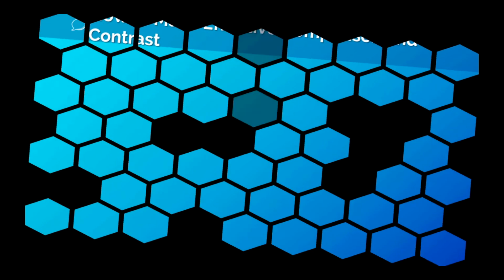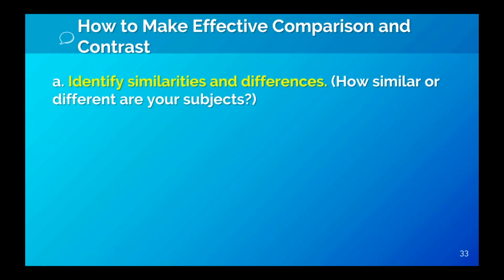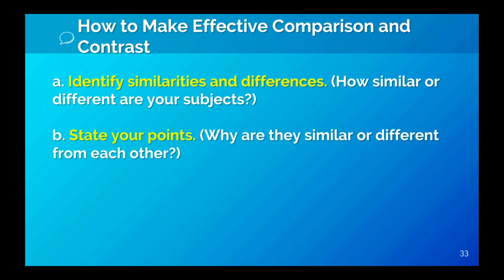These are the questions you have to keep in mind to write effective comparison and contrast. First, identify similarities and differences. Of course, you cannot compare and contrast if you don't know the similarities and differences. Second, state your points. Why are they similar or different from each other?